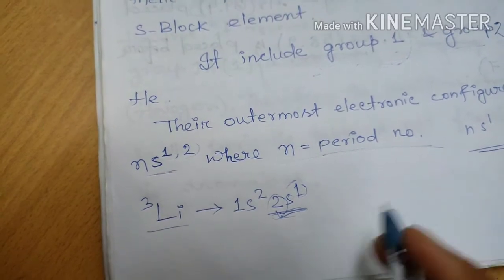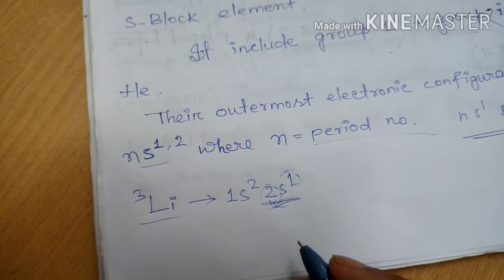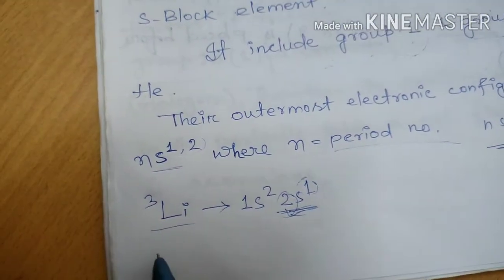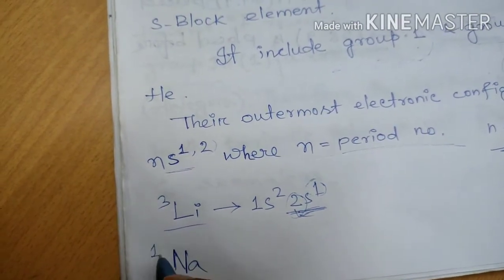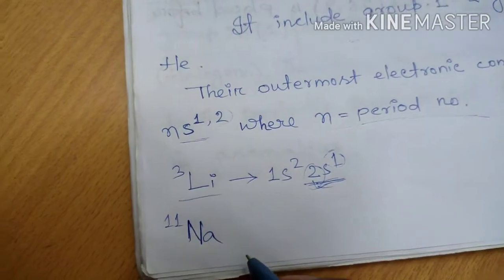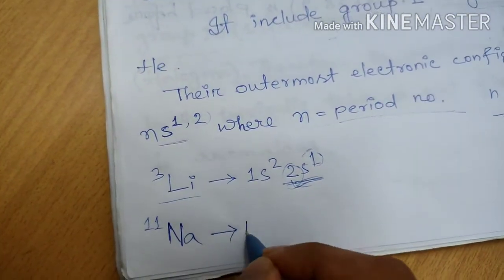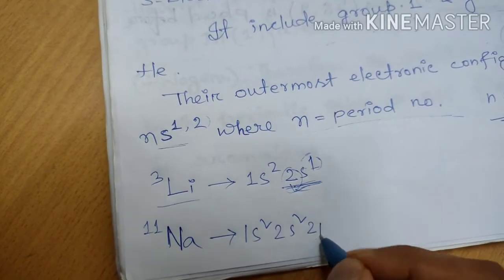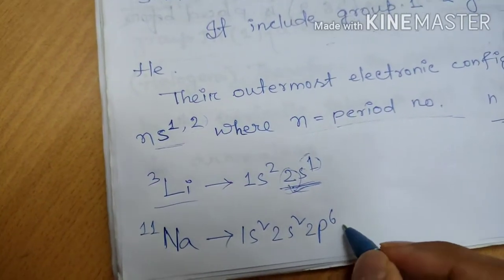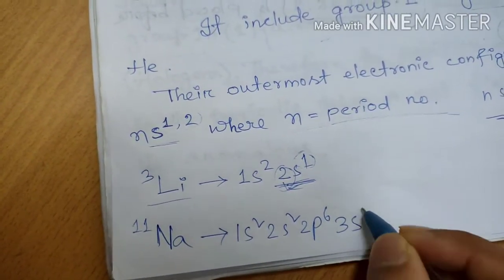Again, now take another example, sodium. The atomic number of sodium is 11. So the electronic configuration will be 1s2 2s2 2p6 and 3s1.